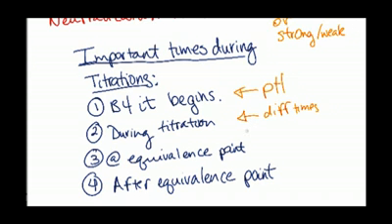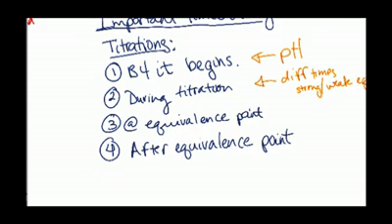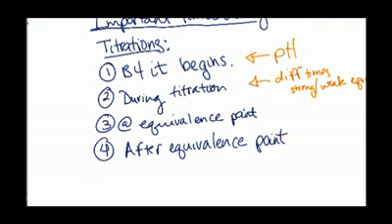Now there is a specific one during strong-weak that we'll address later at halfway to equivalence point. Something special happens. Okay, pH will end up equaling pK, and I'll go through why that is later on. And then at equivalence point, what's happened is all of what you had in your beaker has been neutralized.